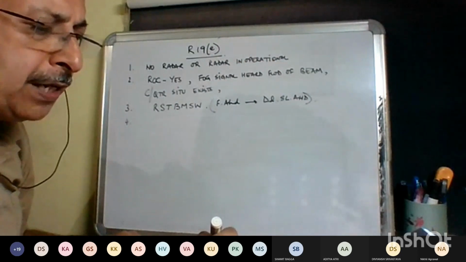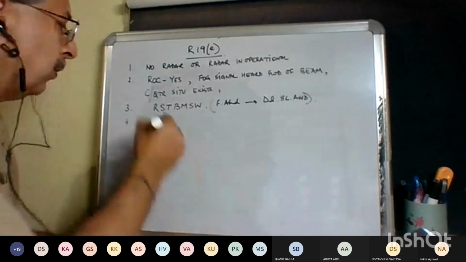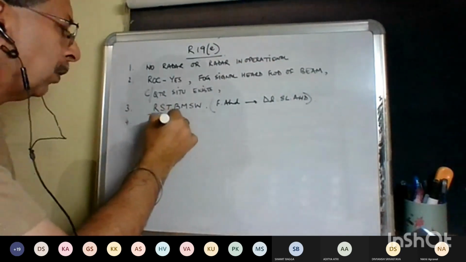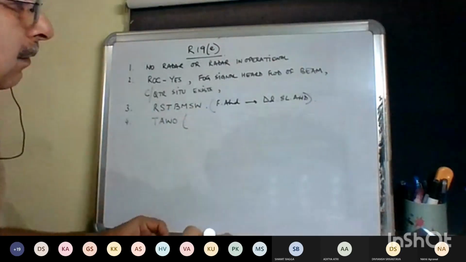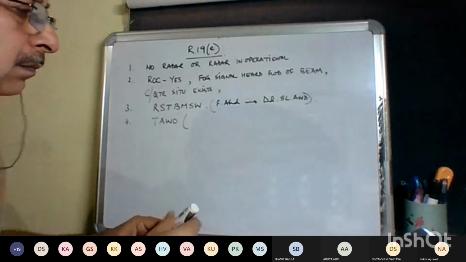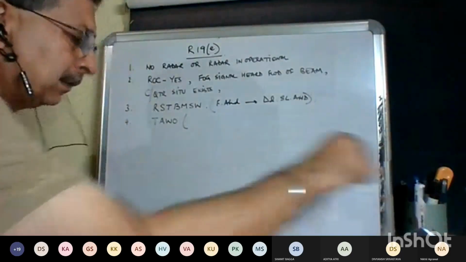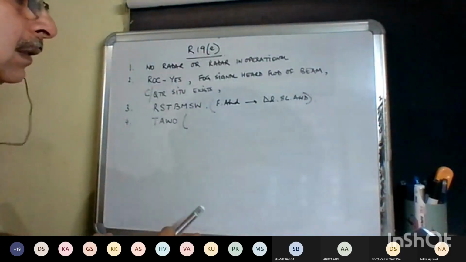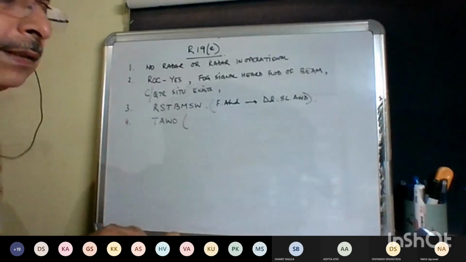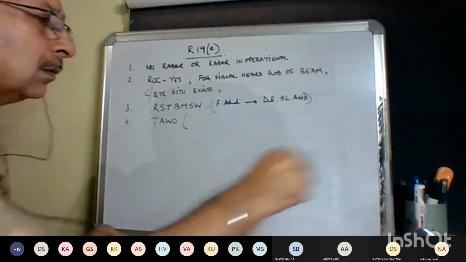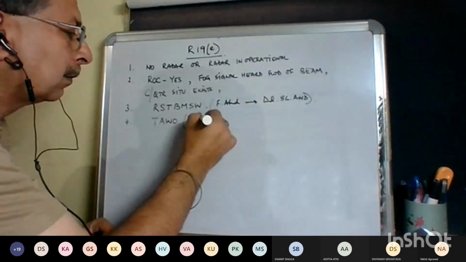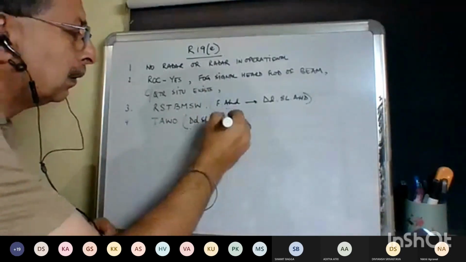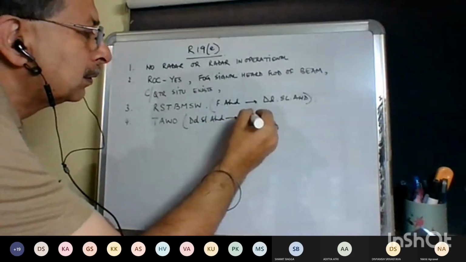उसके बाद कहता है she'll if necessary take all her way off. इसका क्या मतलब है? Take all way off का मतलब है basically that she was earlier doing dead slow ahead. Now she will go stop.